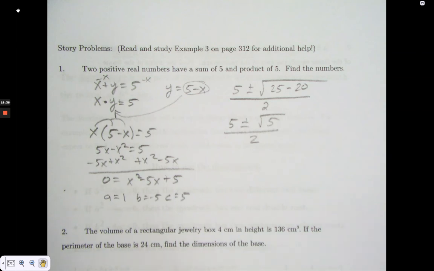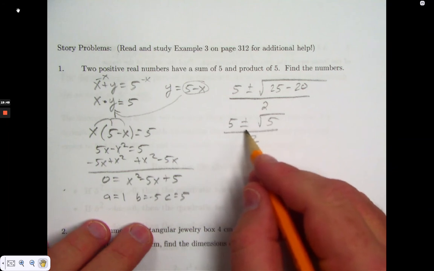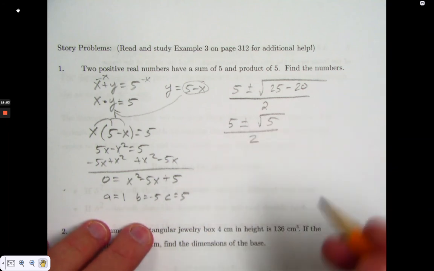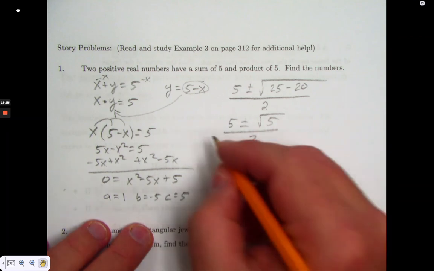Now, with these types of problems, one of the things that's kind of interesting, right, is that you're going to get your x and your y. You'll get x equals one thing and y equals the other, and it's going to be the plus and the minus, right? So when you do this, we're just going to stick with the plus when we go to find what our y would have to equal. Now we solve for x, we need y, right?